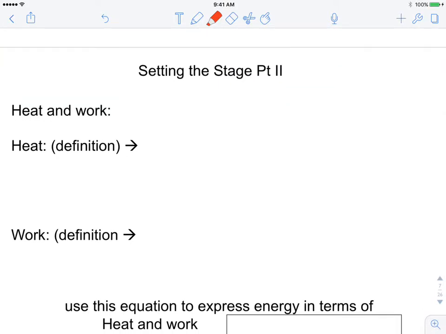Now, we'll always try and go through and do two types of definitions that we'll talk about, heat and work. And I defined heat and work for you on the other page. Heat is what they call thermal energy.